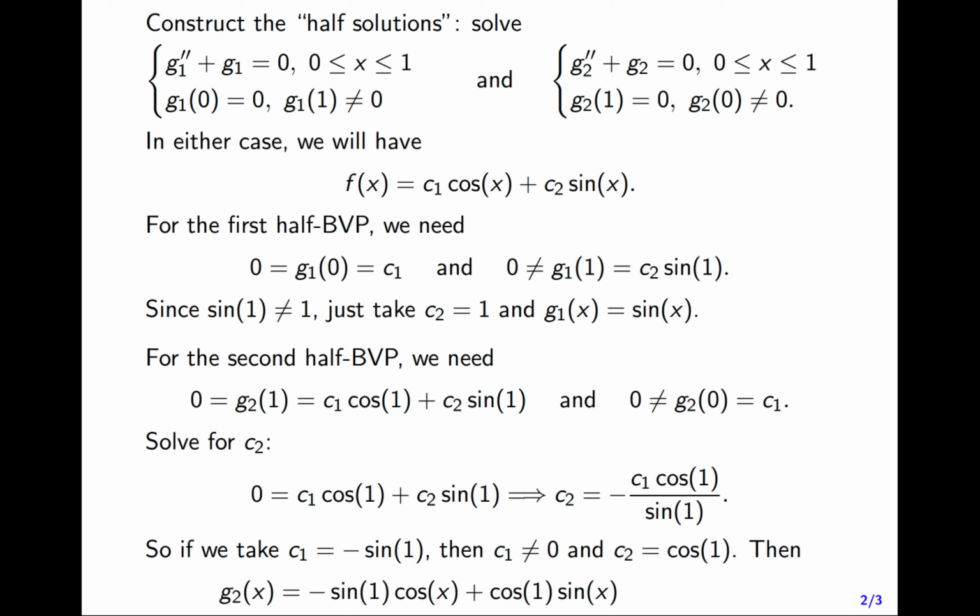And if you're in the luxurious position of having time to go to the internet and look one up, because nobody in their right mind ever memorizes trig addition formulas, you will find that this formula for g2 just collapses into sine of x minus 1. And if you had to work with the full sum, say you're on an exam and you can't look it up, it won't be terrible, but sine of x minus 1 is a lot nicer formula for g2 than the mess in the middle.